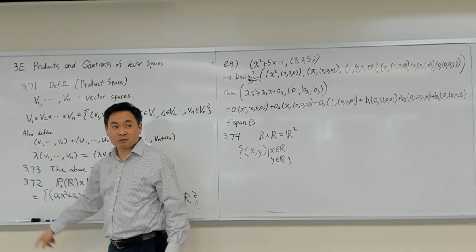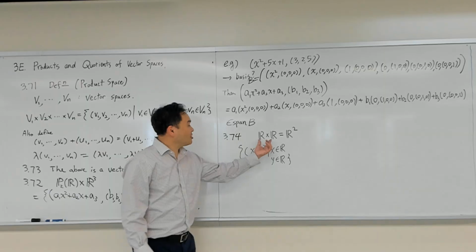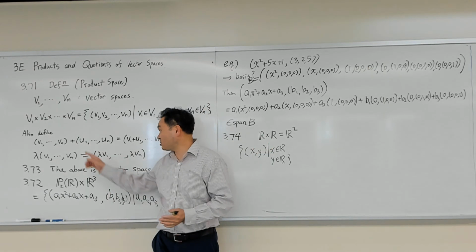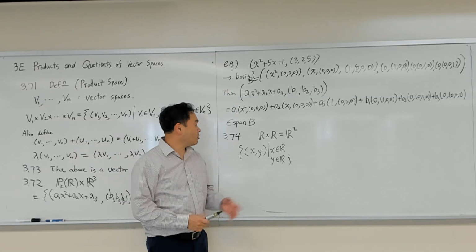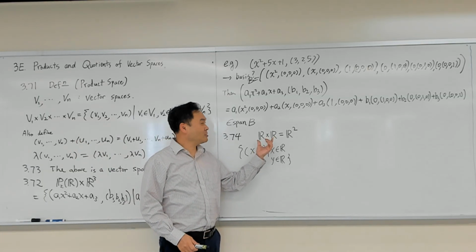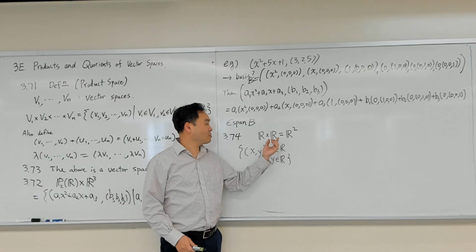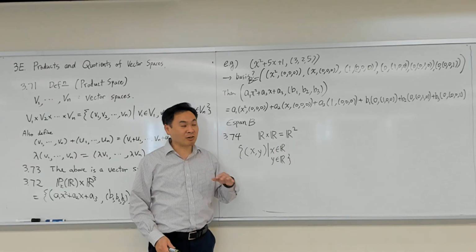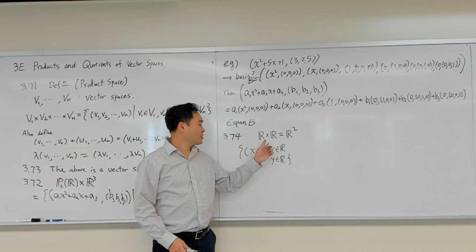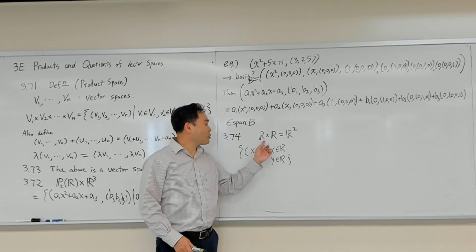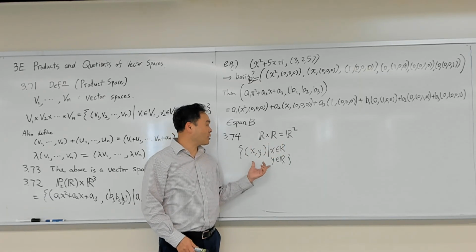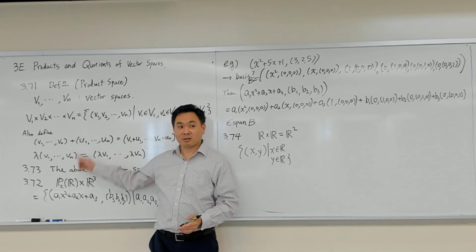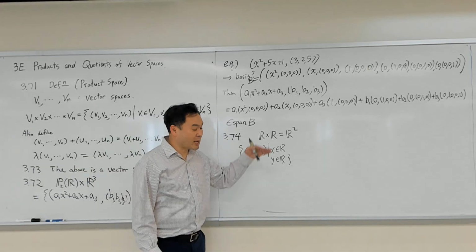So the problem is, if I just think of this product as a product of sets, then this one wouldn't have these two operations, and therefore these two will be equal as sets. But if we're thinking of R2 as a vector space in this context, then when I'm writing this down, I'm not just writing down that they're equal as sets, but including these addition and multiplication, they're exactly the same thing.